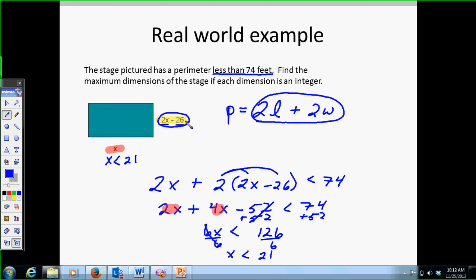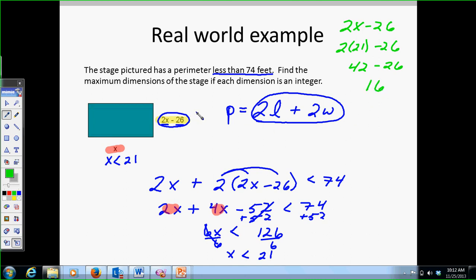Okay? Now, if x is 21, I have to actually plug it in here for x to determine what my width could actually be. And so up here, I'll make some more room. I have 2x minus 26, but we determined that x can be no more than 21. So I plug in that 21, and then I simplify. 2 times 21 is 42, minus 26 gives me 16.